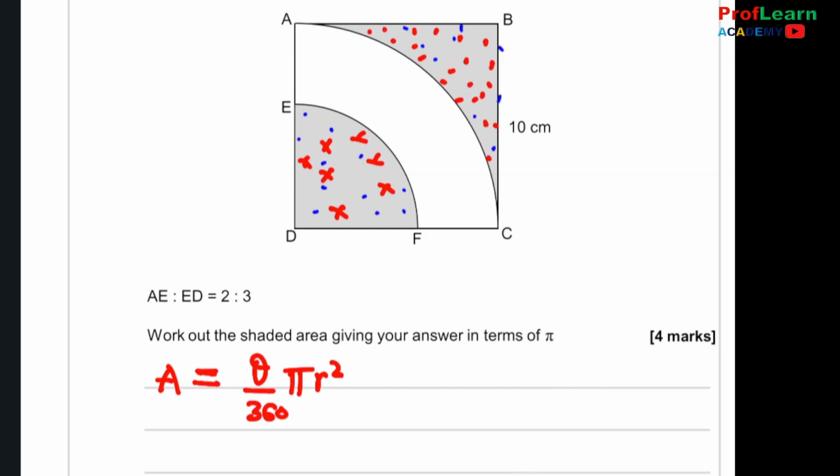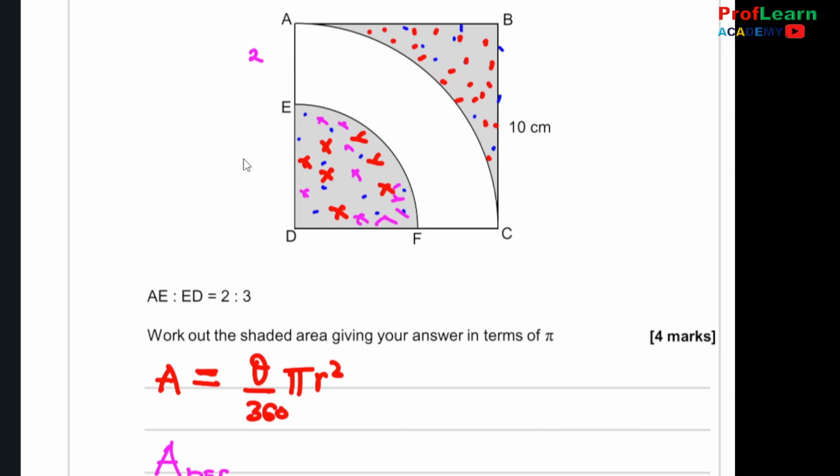Let us work out the area of the first sector, and that is the area of DEF. We're working out the area of this sector here, and this is going to be, or also we are told that AE ratio DE, so this is in the ratio of what?